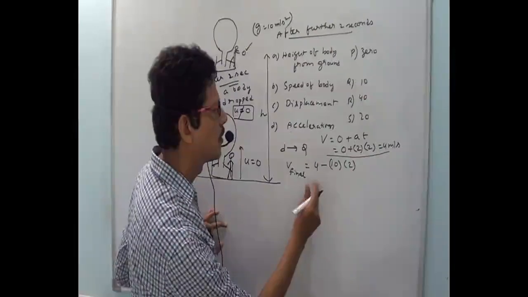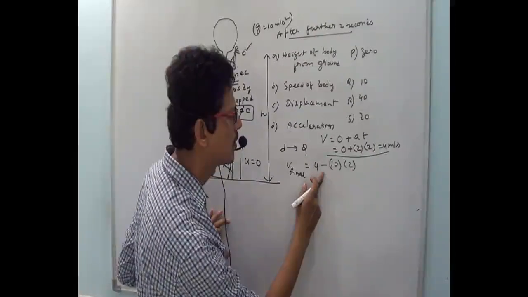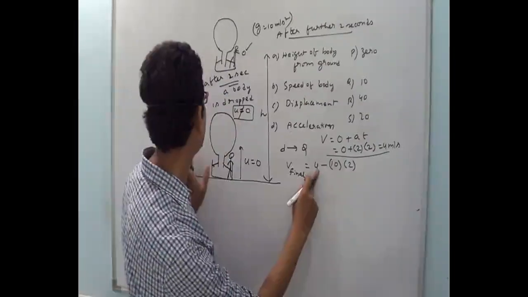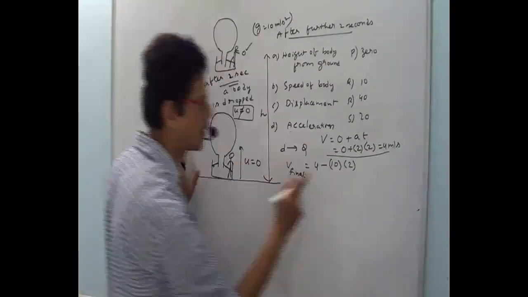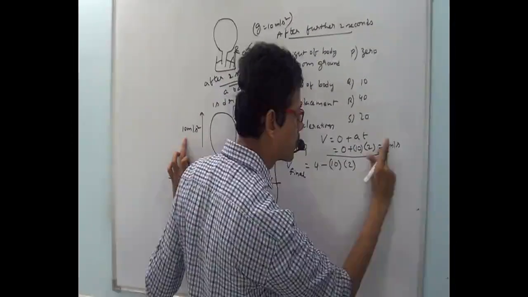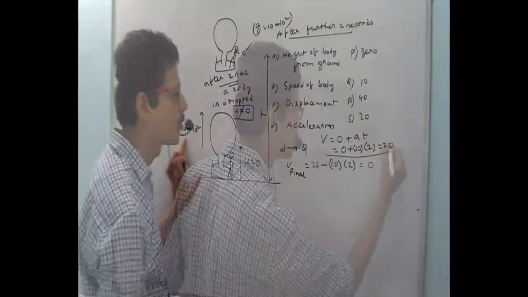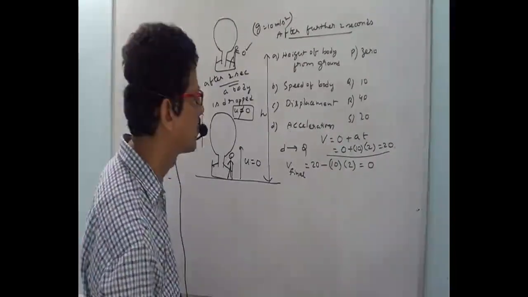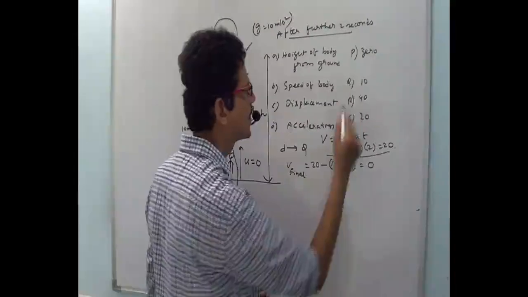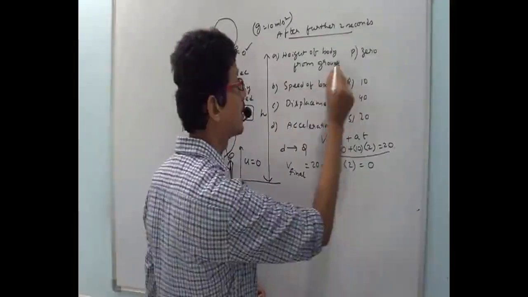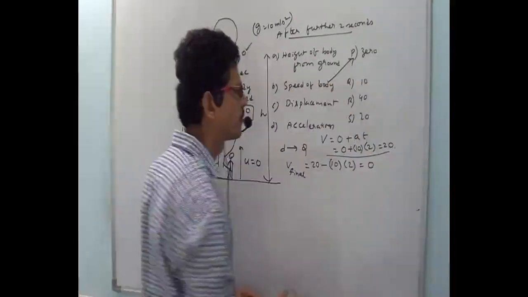What is the initial velocity? This is 10, so this is 20. Initial speed is 20. Final is 20 minus 20, which is 0. So what is this, B corresponds to P?